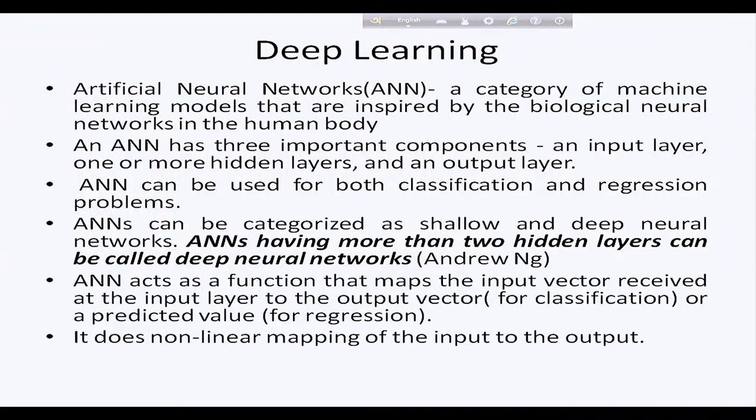So now I am going to deep learning. If I have to say anything about deep learning, I have to initially mention the neural network. A neural network is a category of machine learning model that is inspired by biological neural networks in the human body.